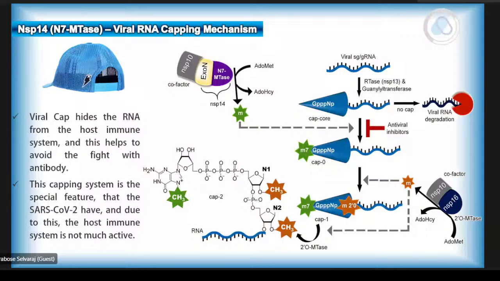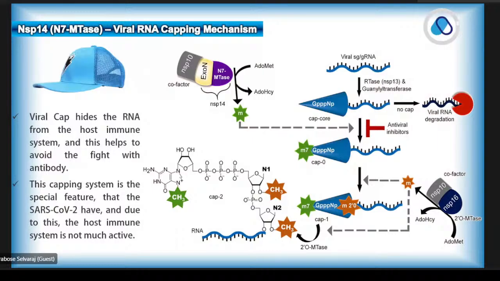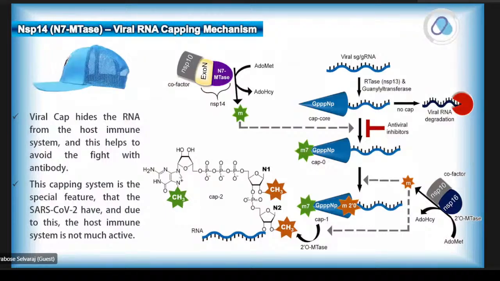There you can see a cone-shaped thing. The viral RNA goes and checks whether it is human or a foreign particle, and this cap system says, no, I am a human particle, I am a human thing, so don't disturb me. It is saying this deceptively, and that is why inhibition is not shown at the initial point itself. If you inhibit this particular protein, the human immune system will be alert in the initial stage itself.